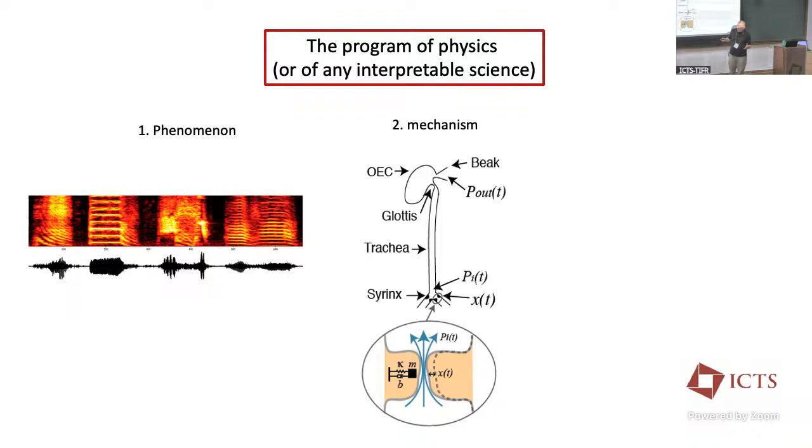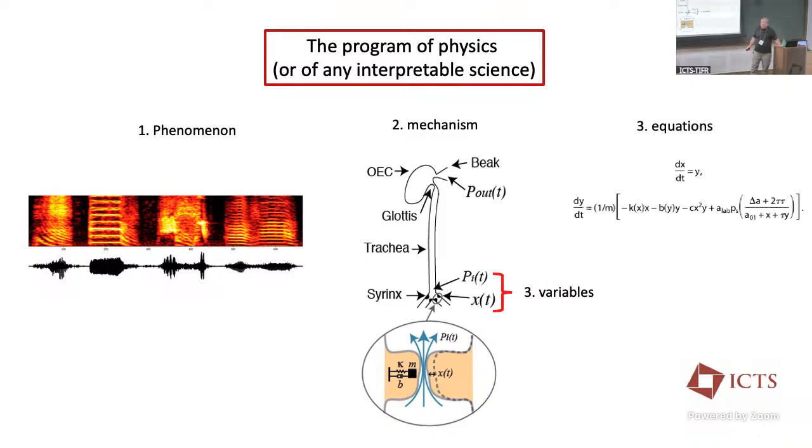The hope was that with a low-dimensional dynamical system I would have a few variables which I could interpret. At the time I couldn't measure them, but I could interpret them, and in terms of those variables I was going to write equations. How would I write equations?